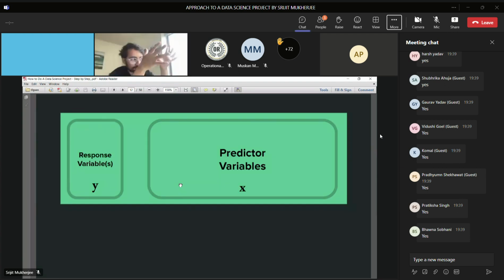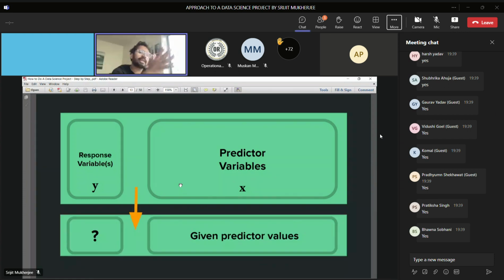One is probably one column for the response variable, and another set of columns for the predictor variables. And the question is that given this data set, if I give you a new set of predictor variables, what will be the corresponding response variable, which you don't know? That's the whole purpose of supervised learning.